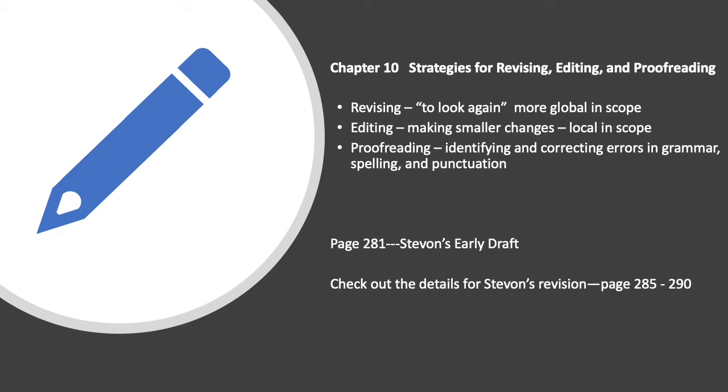Revising literally means to look again, to revision something, and it refers to changes that you make that are more global in scope. So revising oftentimes involves literally copying and pasting or cutting and pasting different sections of your paper in different locations.